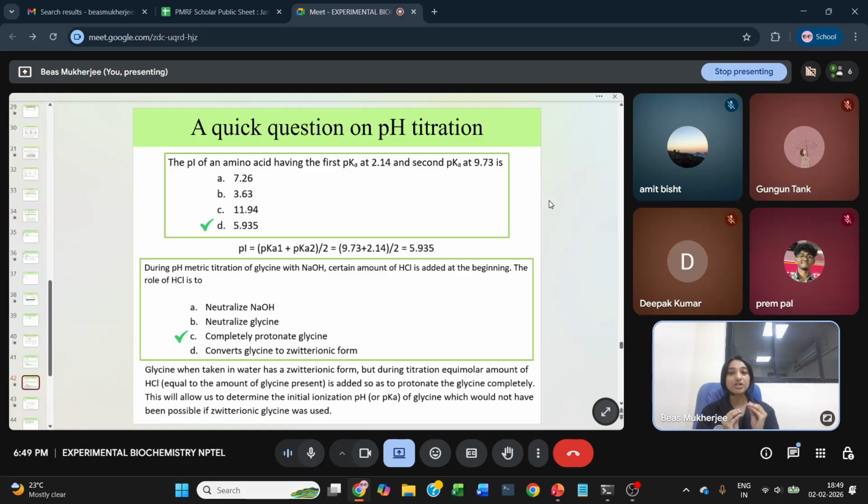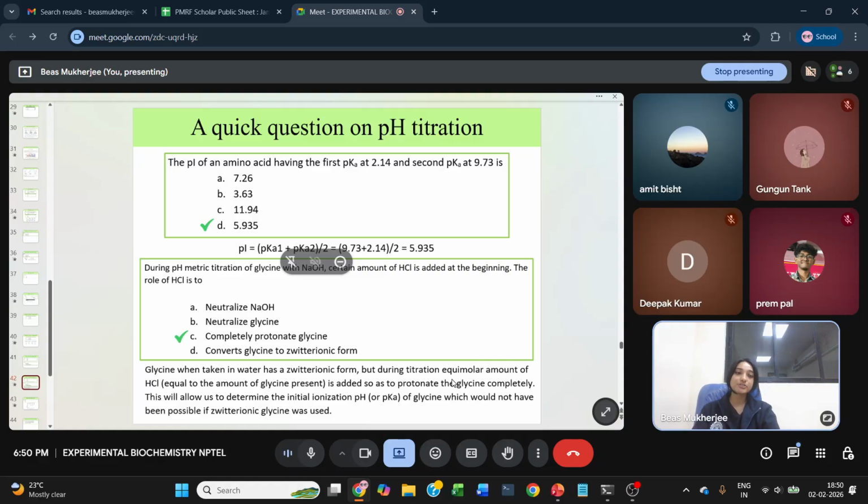But during titration, an equimolar amount of HCl, equal to the amount of glycine present, is added so as to protonate the glycine completely. This will allow us to determine the initial ionization pH of glycine, which is pKa, which would not have been possible if the zwitterionic glycine was there. So glycine is becoming COOH.